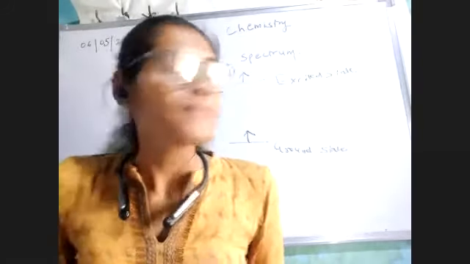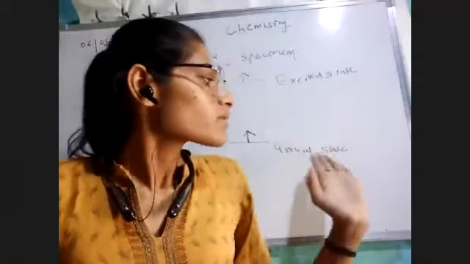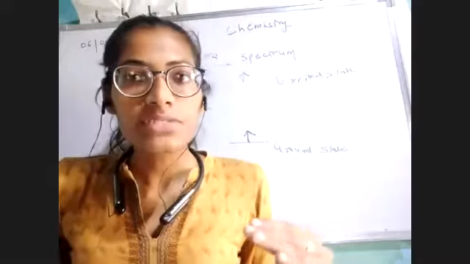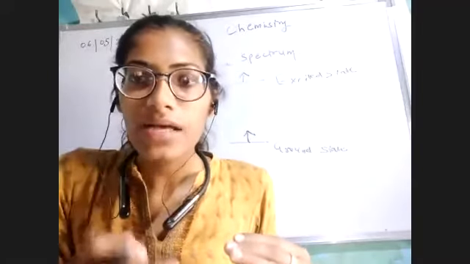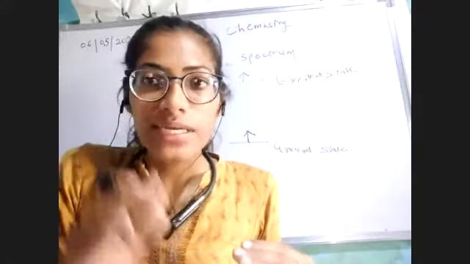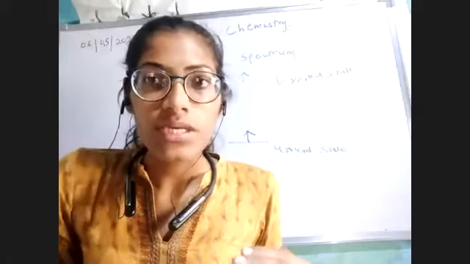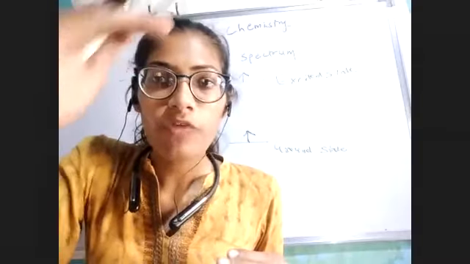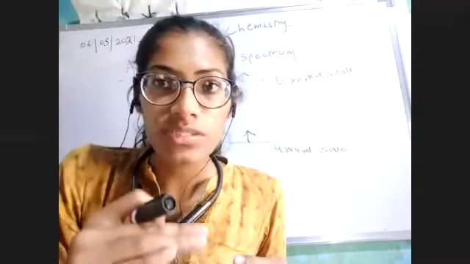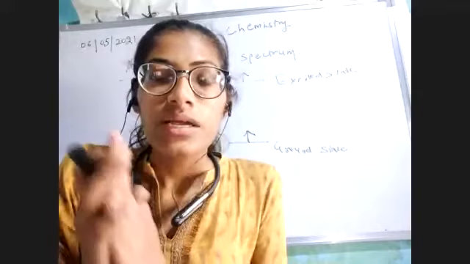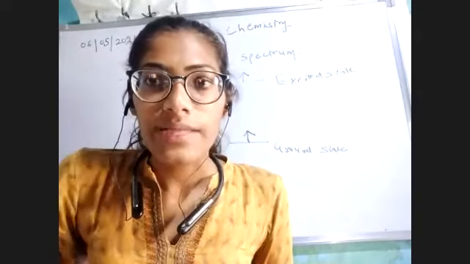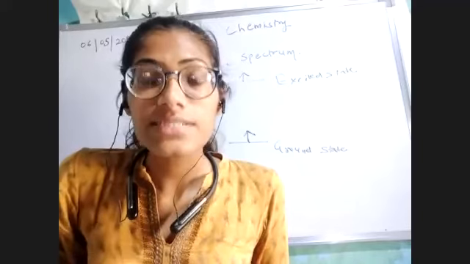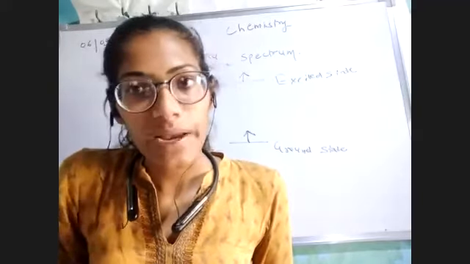So whenever they jump from the ground state to the excited state, after some time they have to come back, so they release that energy. When they come back from the excited state to the ground state, this energy is released in the form of radiations, and this radiation is known as the emission spectrum.